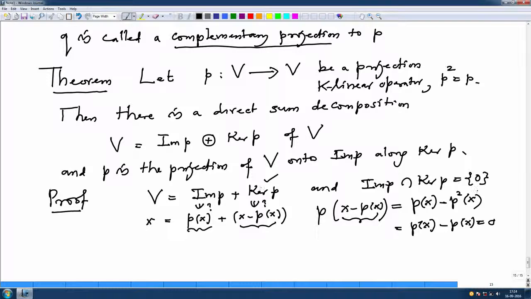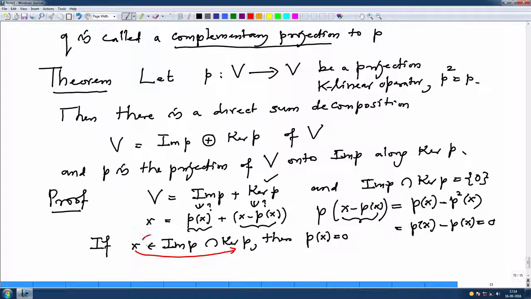Now, we want to check there is nobody in the intersection other than 0. Suppose there is x in the intersection, image P intersection kernel P. Then because it is in the kernel P, P of x should be 0.